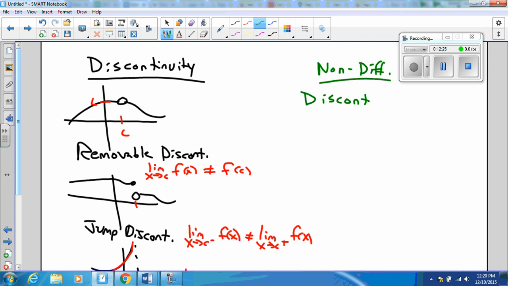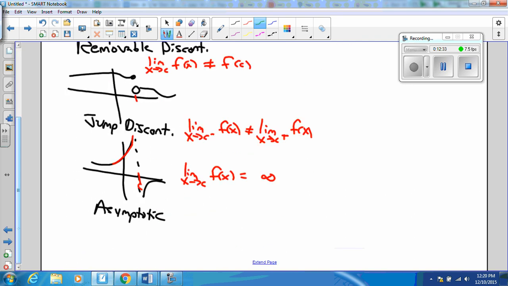So all of the discontinuities are also places of non-differentiability. I can't put a tangent line on that thing, or that thing. Certainly not that thing. Okay? So all discontinuities are also points of non-differentiability because differentiability implies continuity.